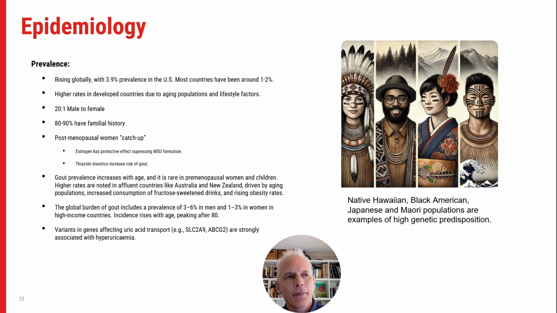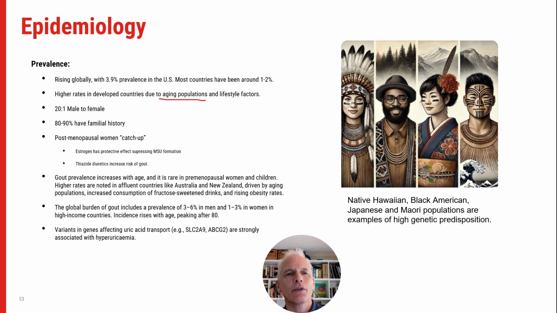The rates of gout are also higher in developed countries, and now this is not just due to the fact that we have bad diets, because again, we have assumed in the past that it's all about bad diets, but particularly what it actually is is an aging population. So the longer you live, the more time you have to accumulate uric acid.